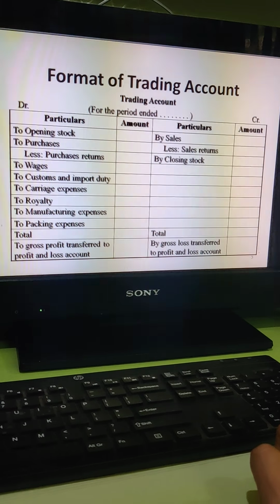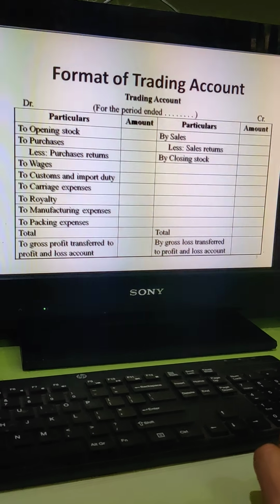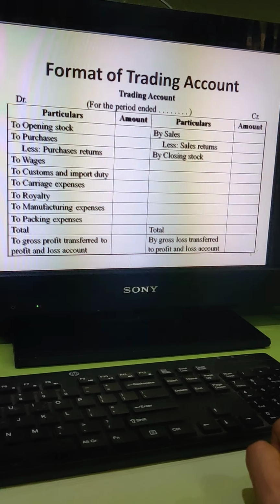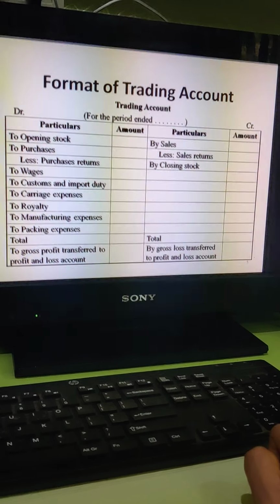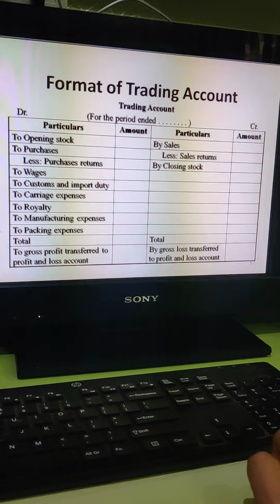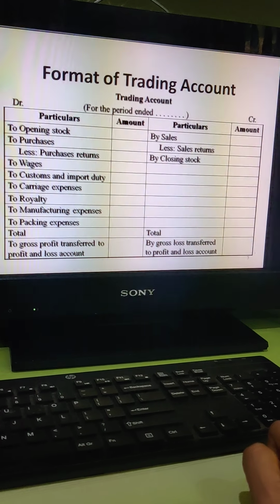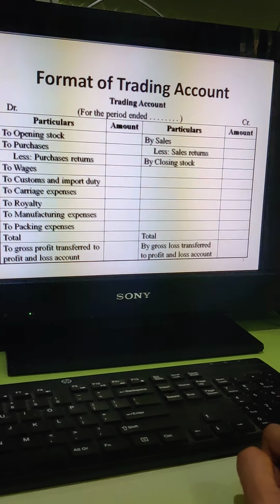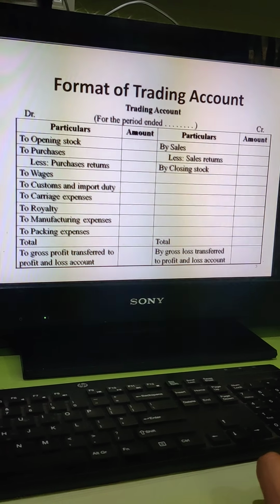On the credit side, we first begin with sales. Sales, in short, is an income. Again, from sales, there would be some customers who would return the goods, so we need to deduct that much amount from the sales. And at the end of the preparation of the trading account, we close it by closing stock.